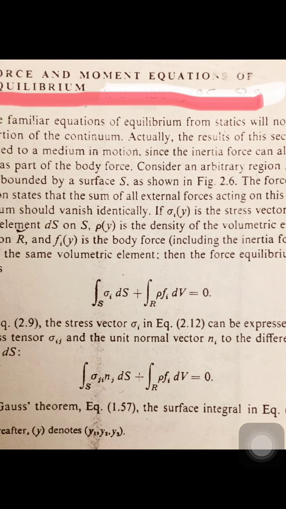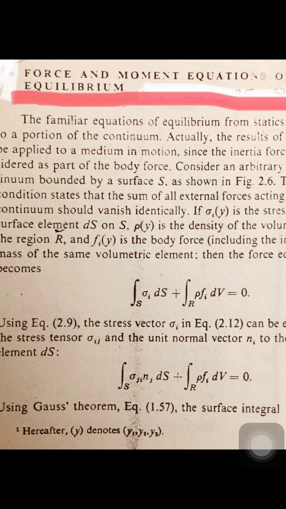Now what we are doing: in the earlier lecture we saw sigma_i is nothing but sigma_ji n_j, as we proved in the last lecture, as a component of the stress vector in terms of stress components.